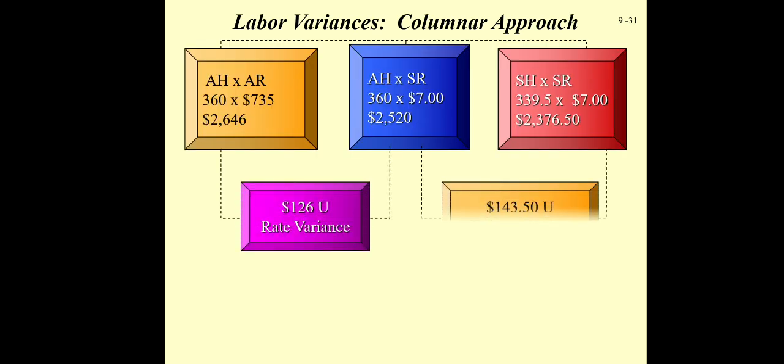So this is another way to calculate the labor variances using the columnar approach, but I don't think this is easy. It is quite confusing. Better you use the formula approach. You just memorize the formula and then you can calculate the number.